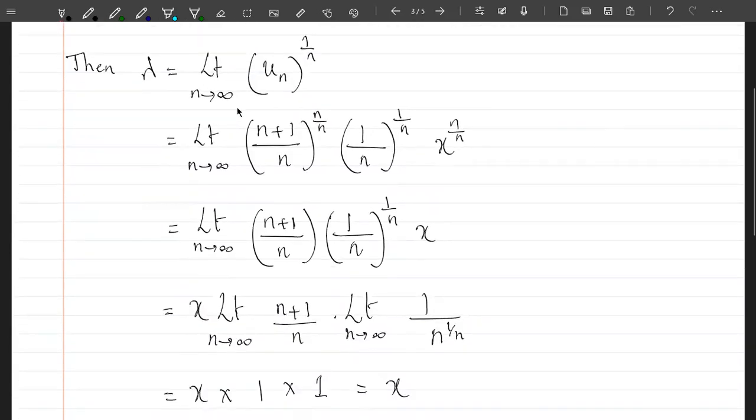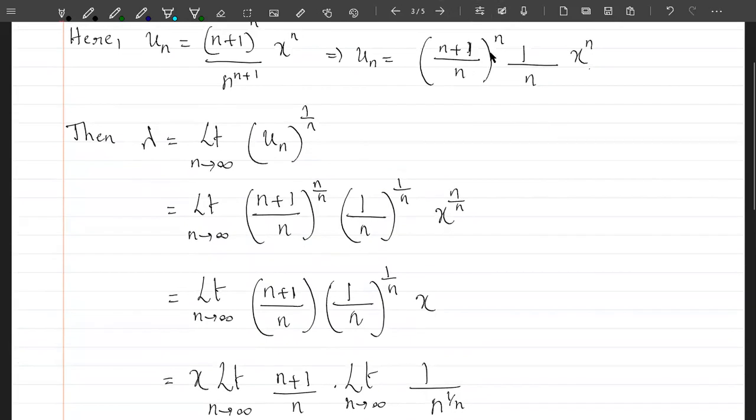So limit n tending to infinity, un power 1 by n will be limit n tending to infinity, ((n plus 1) by n) power n divided by n, this term, n by n, then (1 by n) power 1 by n into x power n by n. So now n by n is 1, here also n by n, this is 1. So what I will get is limit n tending to infinity, (n plus 1) by n. This term will be (1 by n) power 1 by n into x power 1.